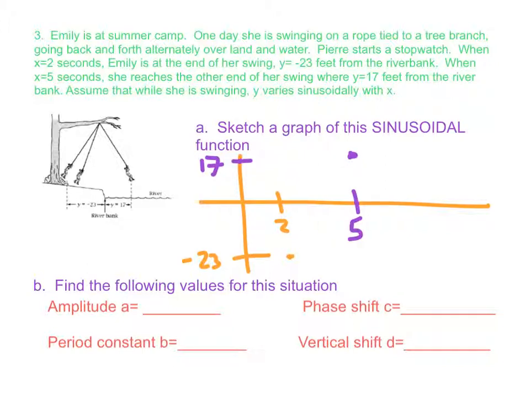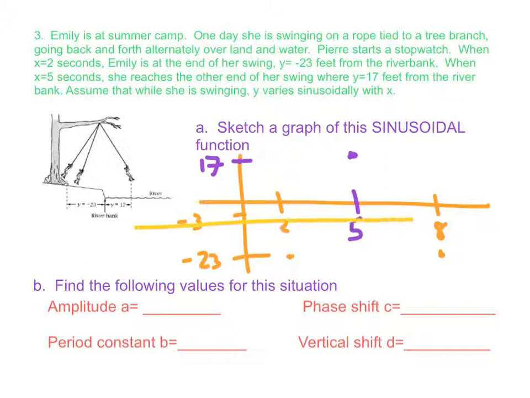So 3 more seconds would take me back down to a low at 8. So these are the two extremes. This is the farthest she can go over land, and this is the farthest she can go over water. And so halfway in between negative 23 and 17, if you find an average, is negative 3.